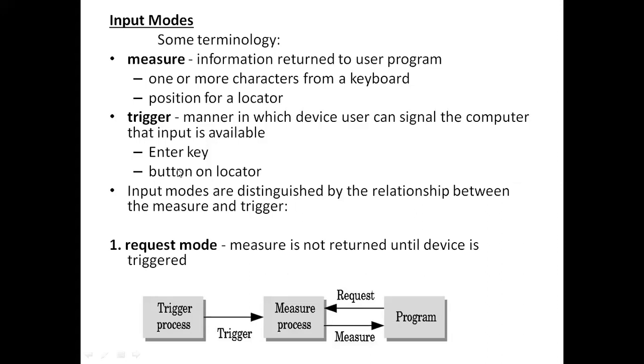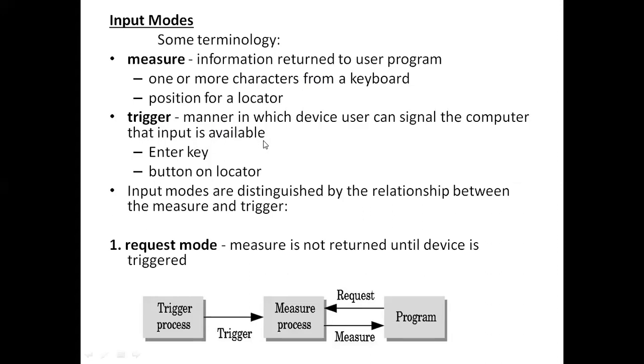So giving an input consists of two components. One is the measure, which means the information that is being given to the program by the user. And the trigger is a manner in which the user can signal the computer that input is available.